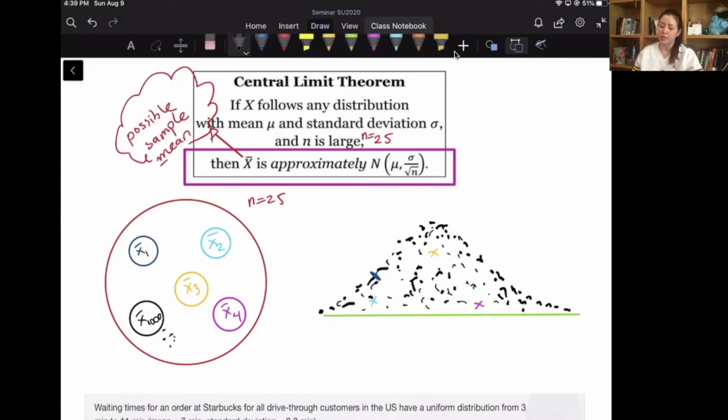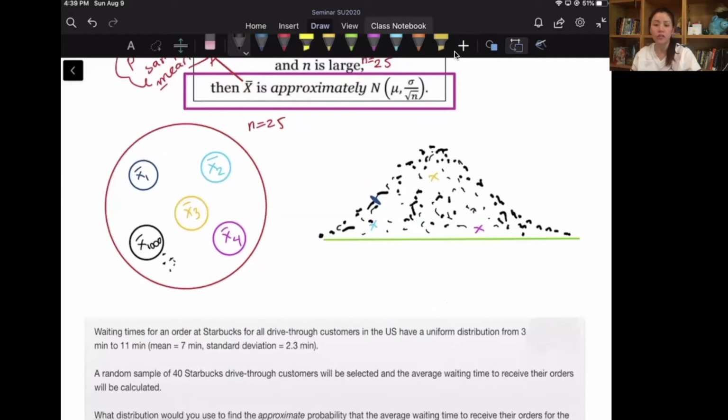So as the sample size gets bigger and bigger, the curve is going to get narrower and narrower, and your sample mean will get closer and closer to the population mean.